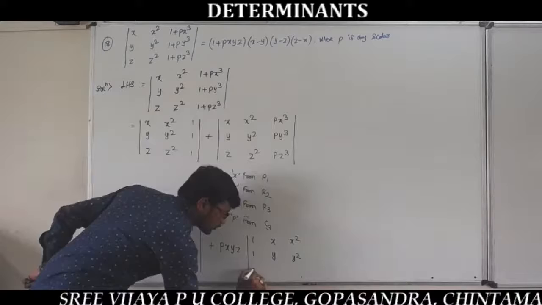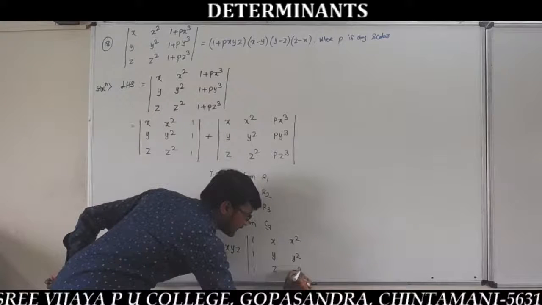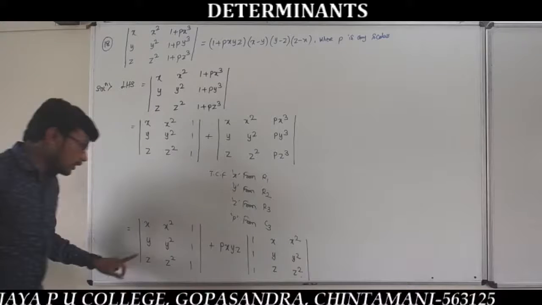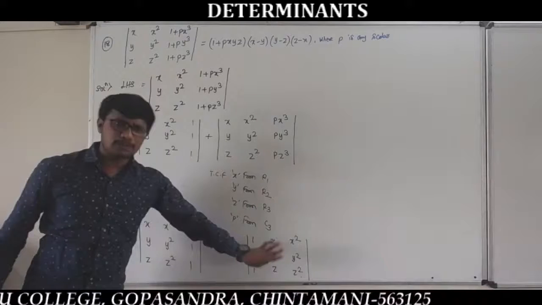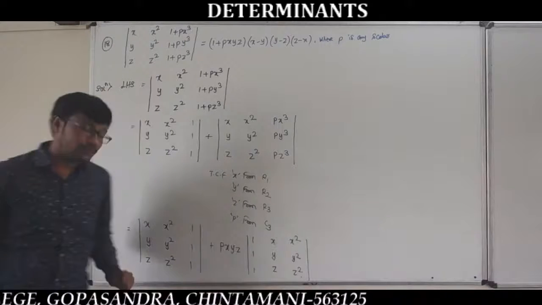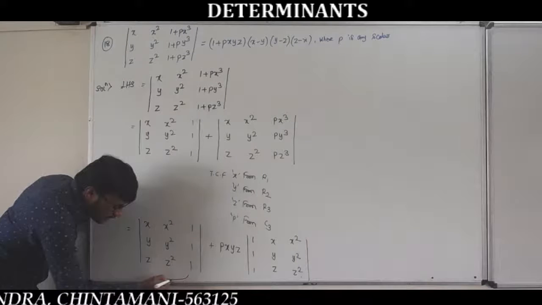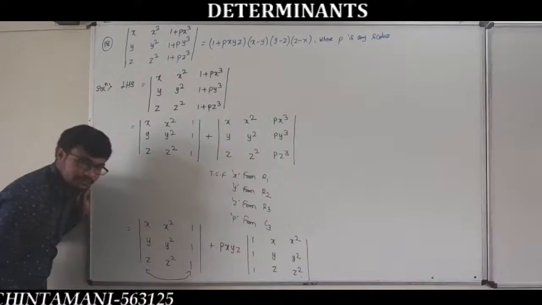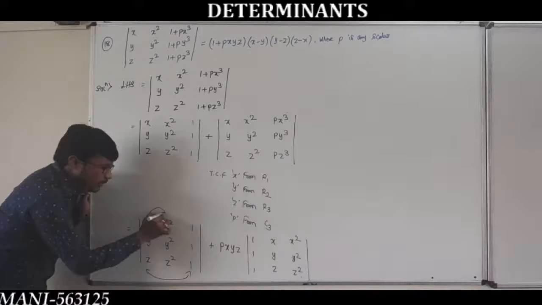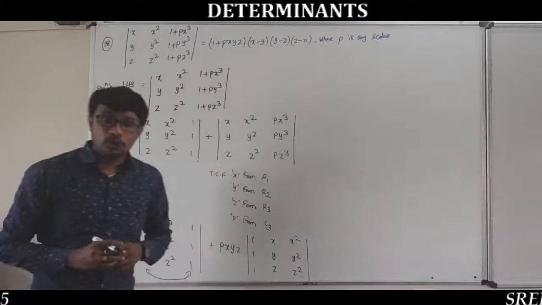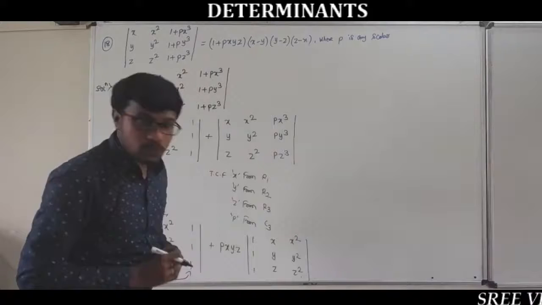Now these two are obviously equal: column 3 can be shifted to column 1, and column 1 shifted to column 2. So obviously both will be equal. So what can you apply here? You can apply that.